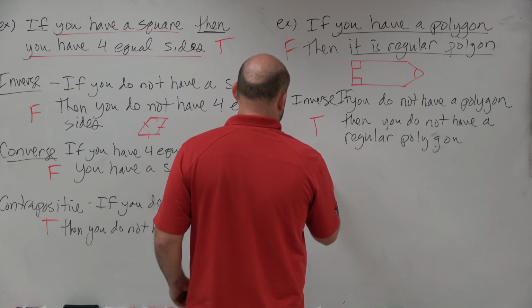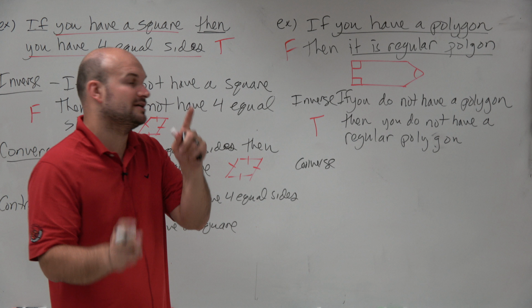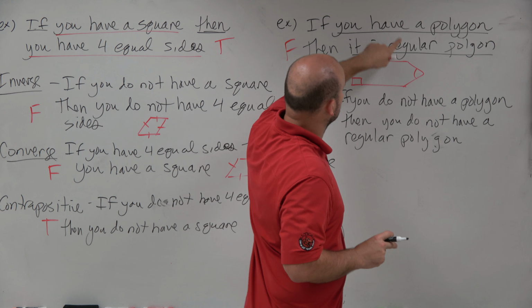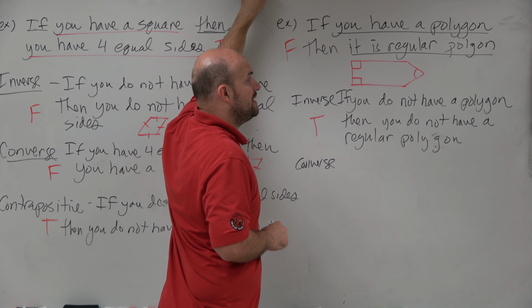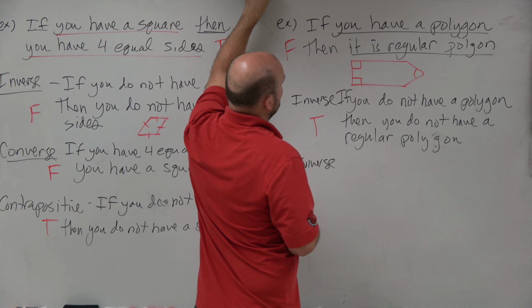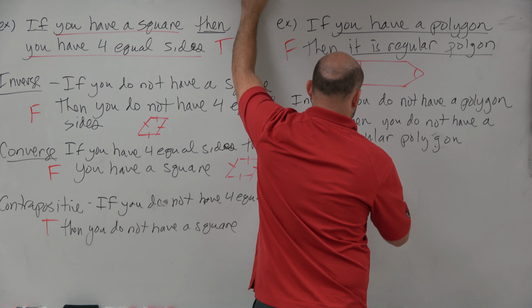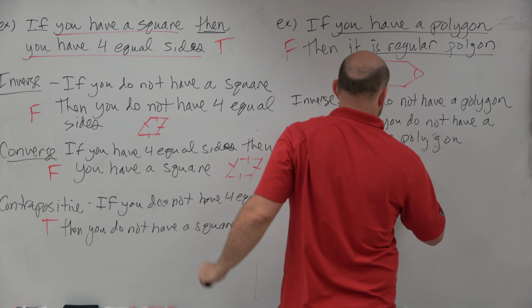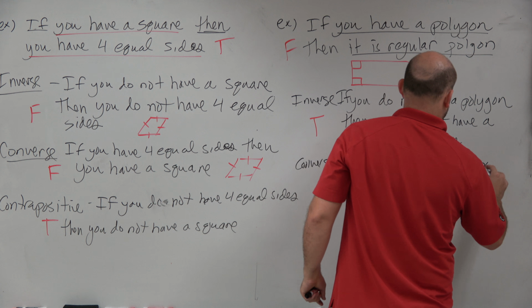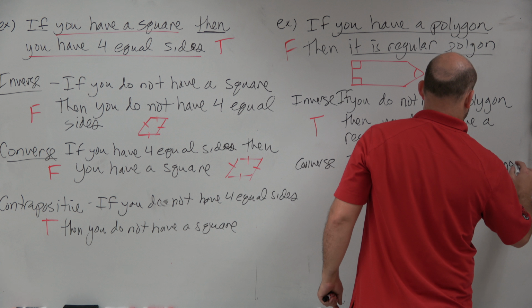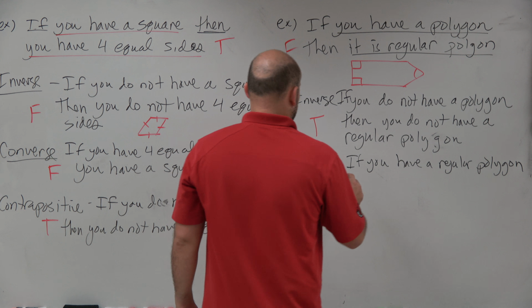If we go and take a look at the converse, that is just going to be swapping the conclusion and the hypothesis. So therefore, it's if it is a regular polygon, then you have a polygon.